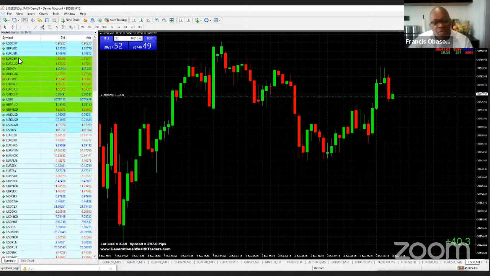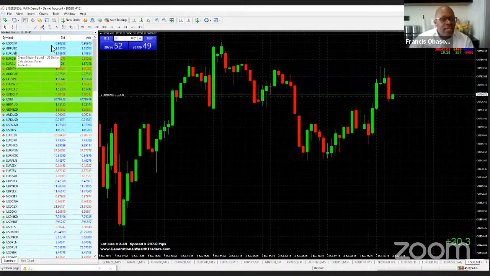It's made up of Forex pairs and metals and indices and cryptos and all that. You can see this column here is for the bid, and this column is for the ask. Now, this column obviously shows the symbol for the different assets. I mean, in Forex they are called tickers, but we call them symbols here.